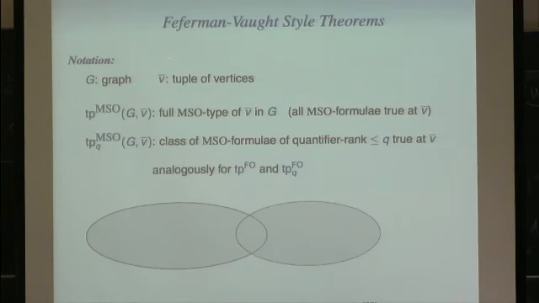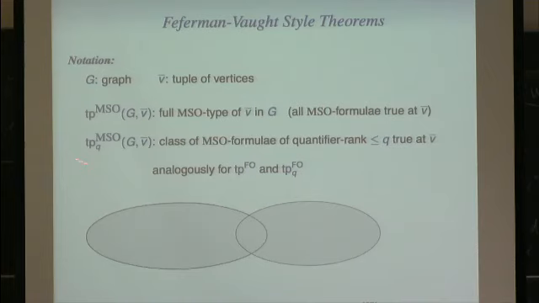G is a graph and v is a tuple of vertices, which will normally be the vertices in the intersection. By this notation, I mean the full MSO type of this tuple of vertices in the graph, so the set of all formulas in MSO that are true in the graph at these vertices. That's way too powerful because it describes the graph up to isomorphism, obviously.